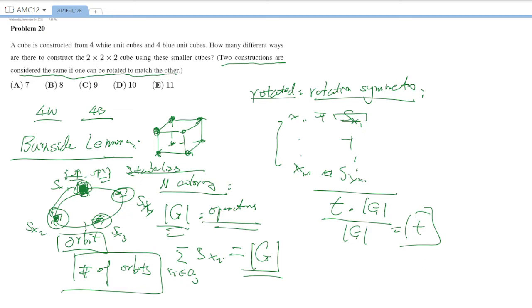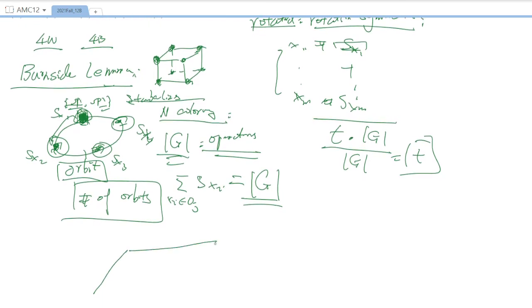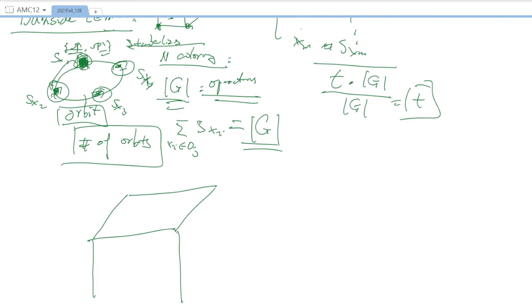Now let me move on to counting. Next I need to introduce how many symmetry lines a cube has, then we can do it. For a cube, I think it's very easy for you guys to forget some symmetry lines.